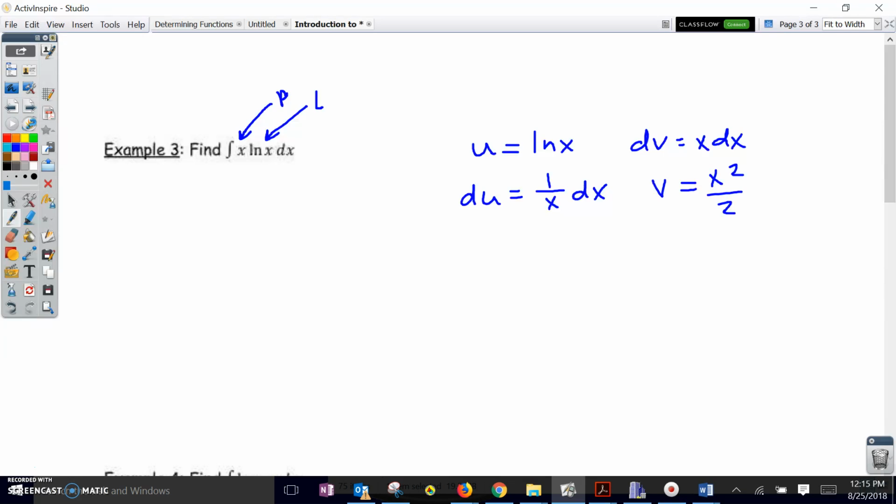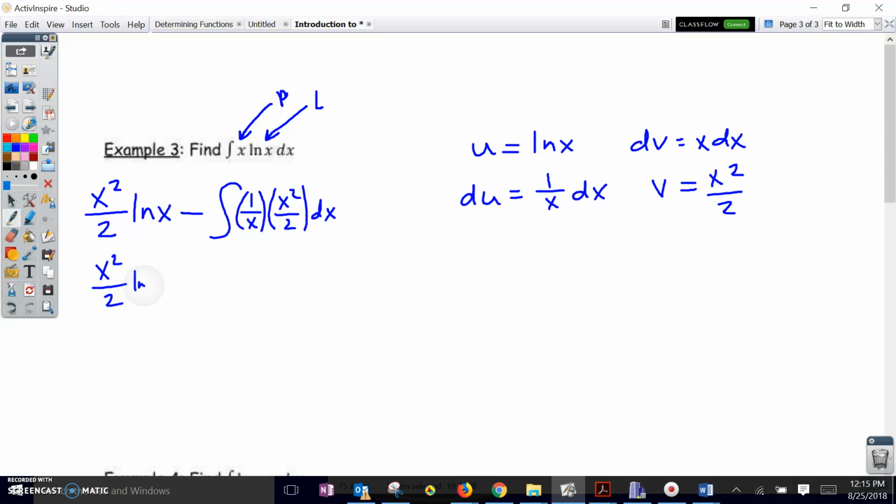and now my integral is going to be u times v minus the integral of v du, which simplifies to, let's see, 1/2 integral of x dx.